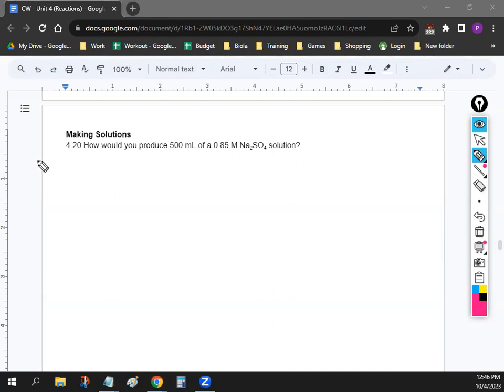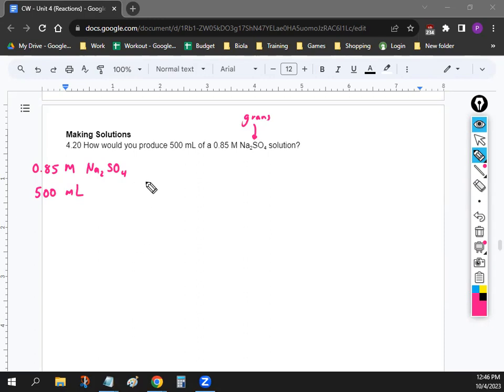So we start with 0.85 molarity Na2SO4. We need to produce 500 milliliters of it. What we want to figure out is how many grams of Na2SO4 you need in order to make it. Because in a lab, you can't weigh out things in moles or molarity. You weigh things out in grams, right? So you have to find it in grams.